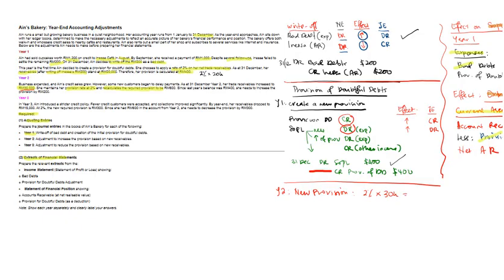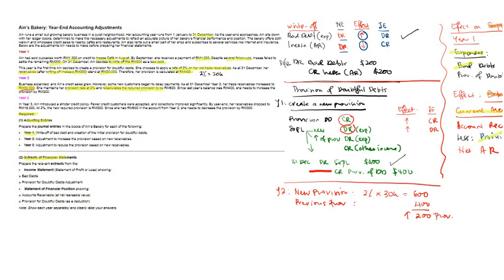So the new provision for second year is 600. What about the previous year? The previous provision was 400. So the difference is 200 increase of provision.